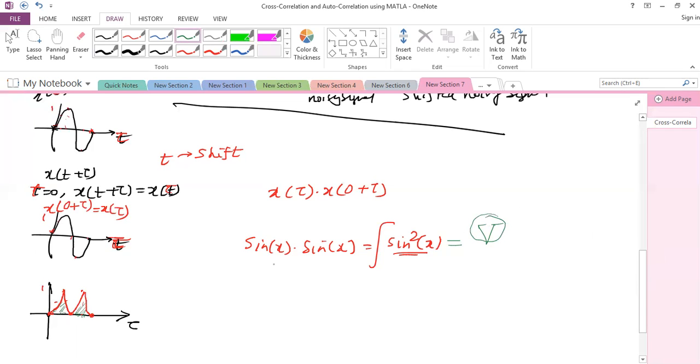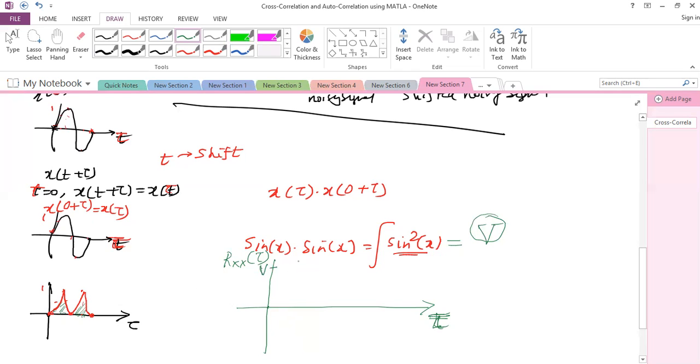Now if you write the autocorrelation function on the time scale t, Rxx of tau, okay, Rxx of tau will be, for a shift of t equal to 0, we get a value v.